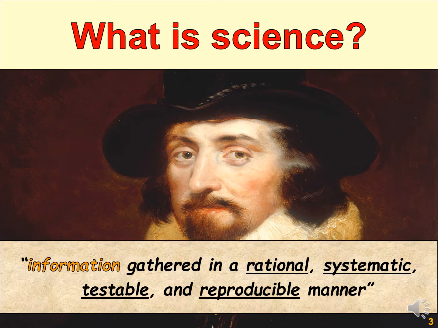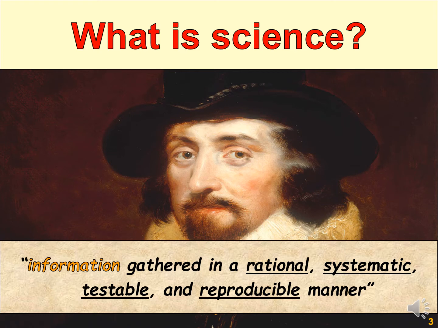The four characteristics of scientific information: first, it's rational. That is, it relies on the senses, either instruments or our visual or auditory senses. It's systematic. That is, it's gathered in a way that's describable and you can explain to somebody, you can write about it, you can publish it, and it's testable. That is, other people can go out and test whether your information is accurate or not and how it was gathered.